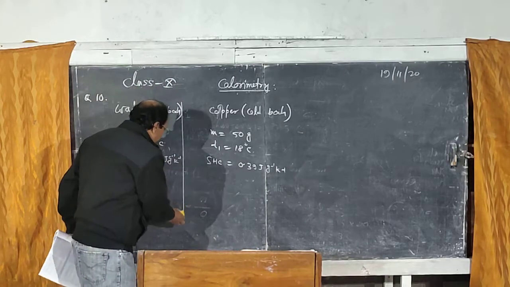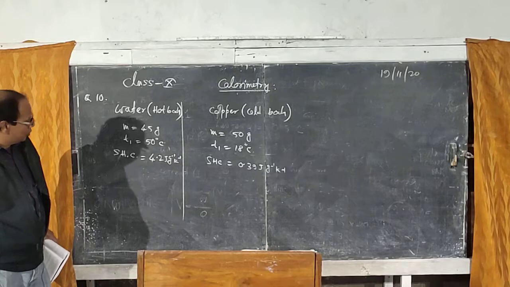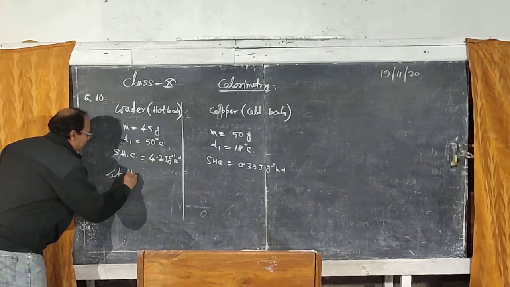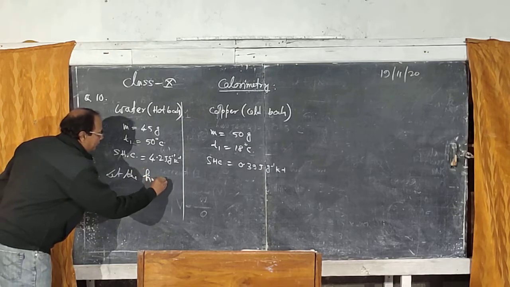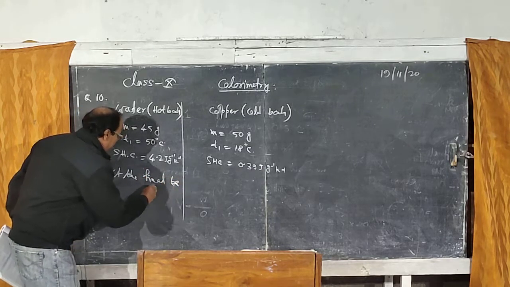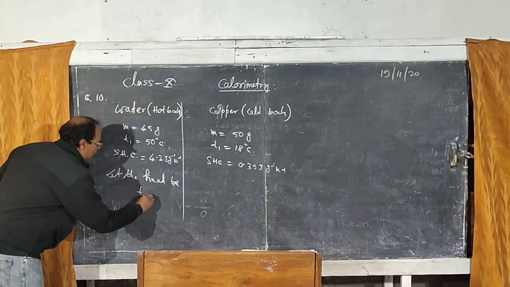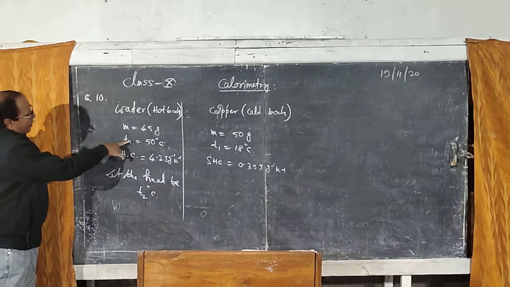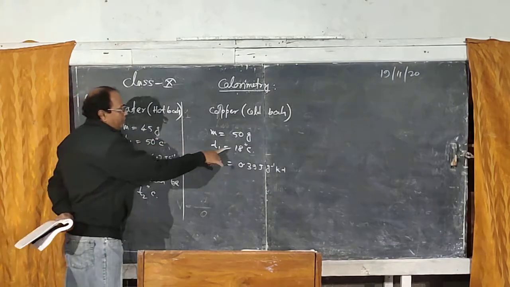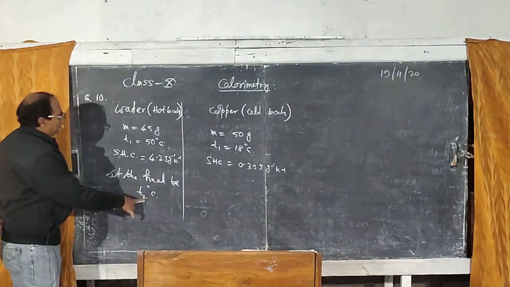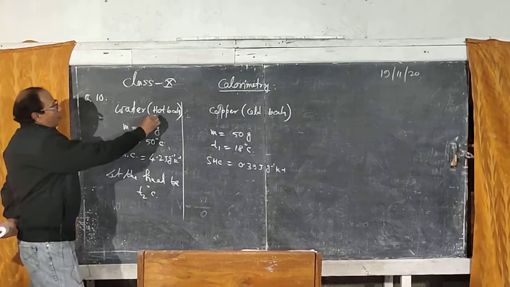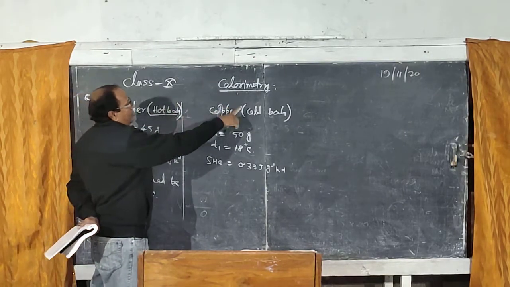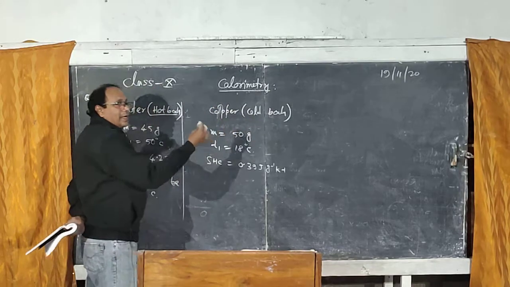Let the final temperature be T2 degree Celsius. So here T1 is 50 degrees Celsius, T1 here 18 degrees Celsius, final temperature T2 degrees Celsius. Sure, hot water will lose heat and cold body, copper, will gain heat.